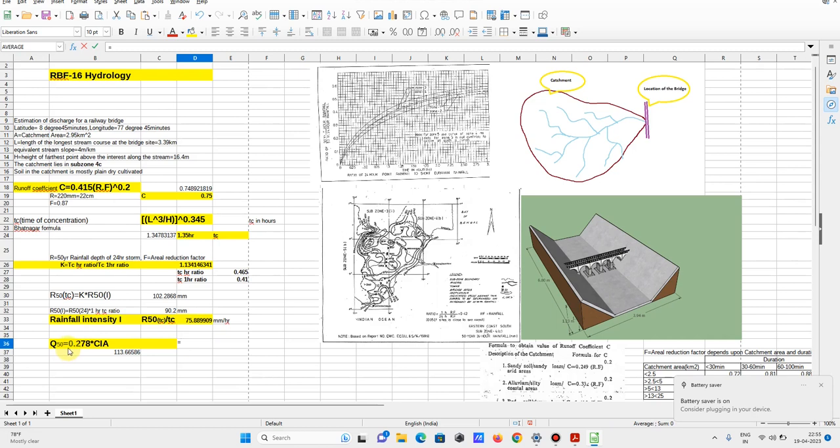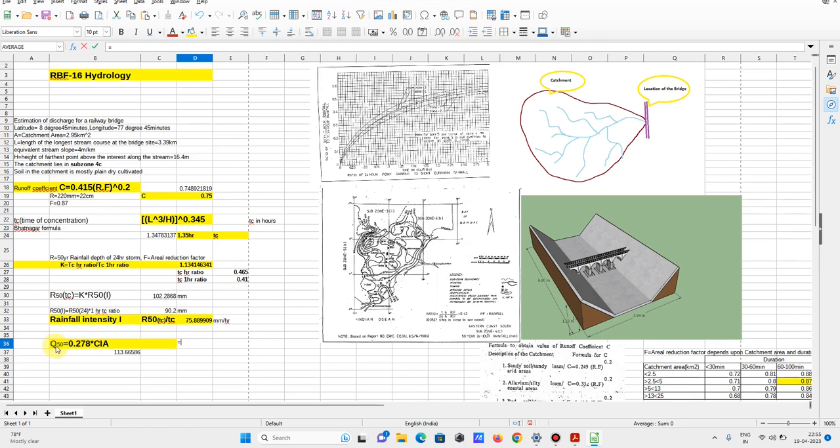Okay, so we will use the RBF-16 formula, that is the improvised rational method. It's Q50 because it's considered for the 50-year design storm.